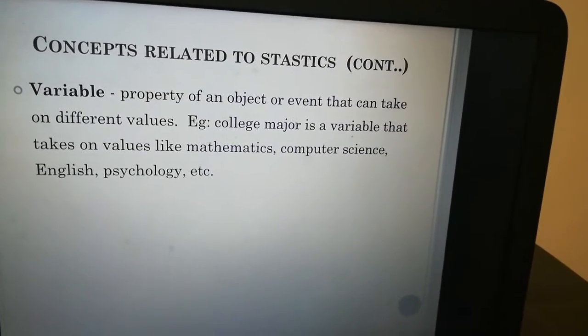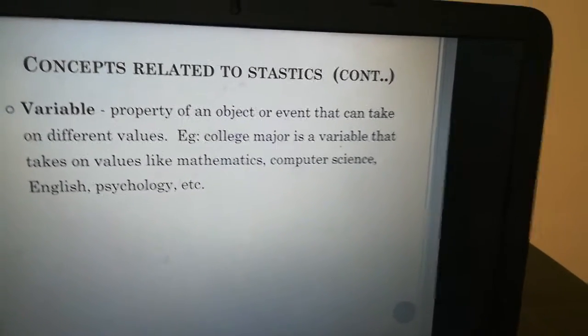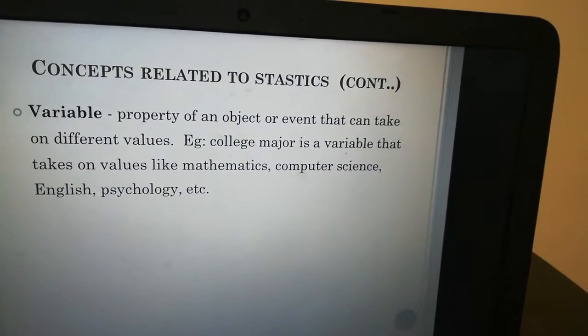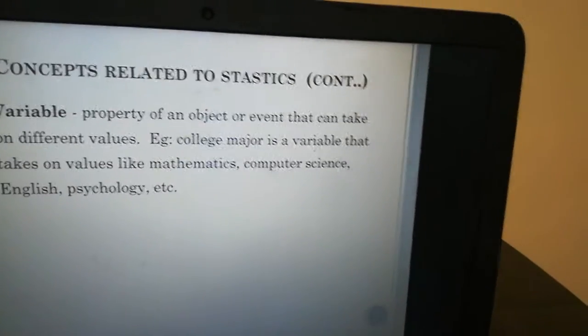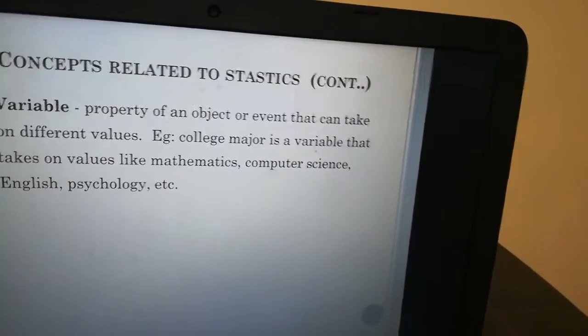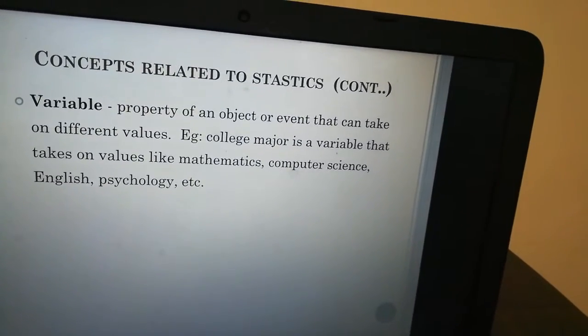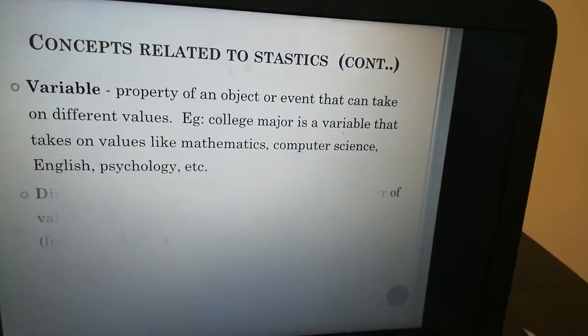For example, in a college, the major subject can vary, like mathematics in a particular group, computer science for another specialized group, English for some other group. So that's a variable. It can vary, or the object or event can take any values.